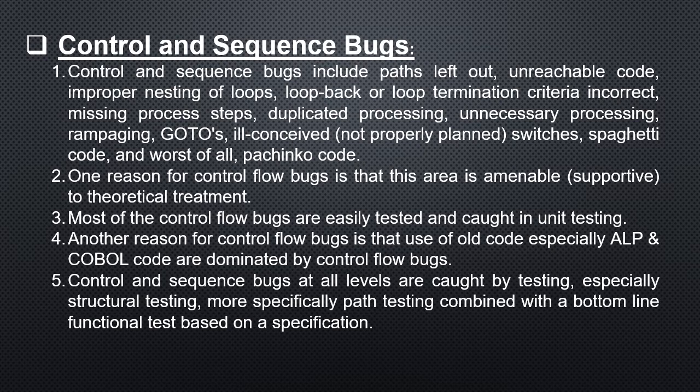Another reason for control flow bugs is that old code, especially ALP and COBOL code, is dominated by control flow bugs. Control and sequence bugs at all levels are caught by testing, especially structural testing, more specifically path testing combined with a bottom line function test based on the specification.